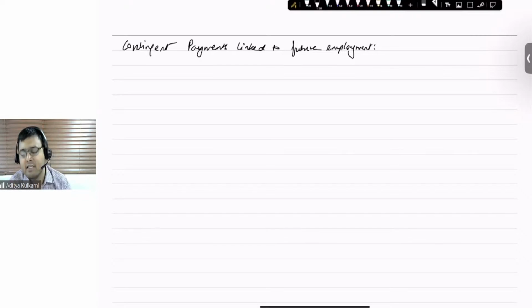So when payment is made in the nature of employment, see, in ABCL, the prime shareholder is Amitabh Bachchan. But now you want him to be employed in your organization or within the group, and for that you are making an extra payment of 50.